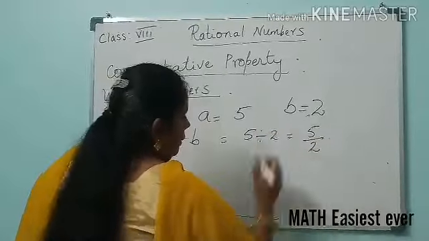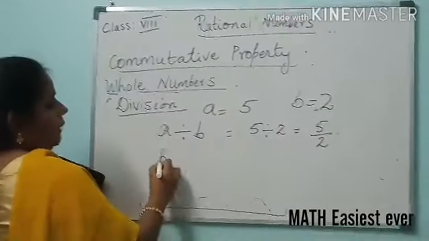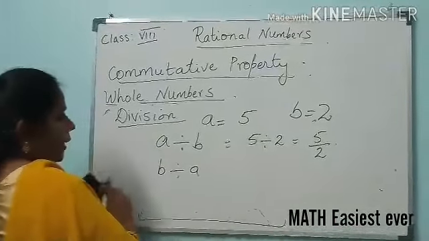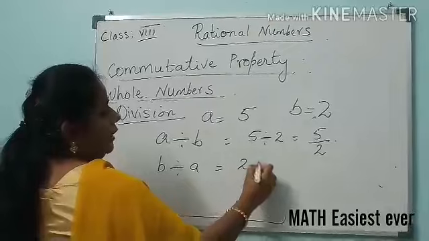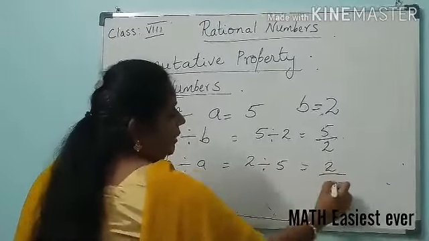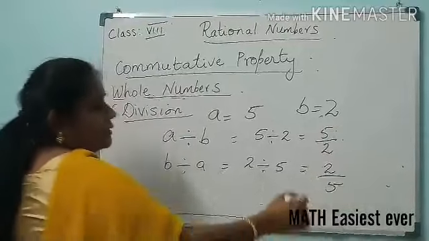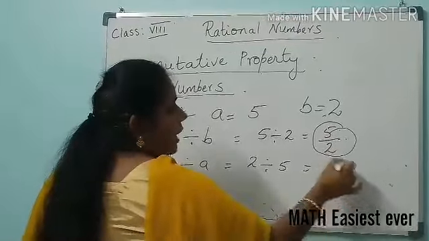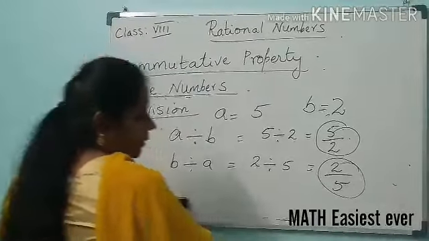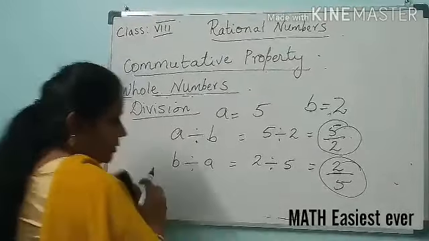Now, what is b divided by a? B divided by a is 2 divided by 5. That is 2 by 5. This is 5 by 2 and this is 2 by 5. Are they both same? No, they are not same. So what does that show?